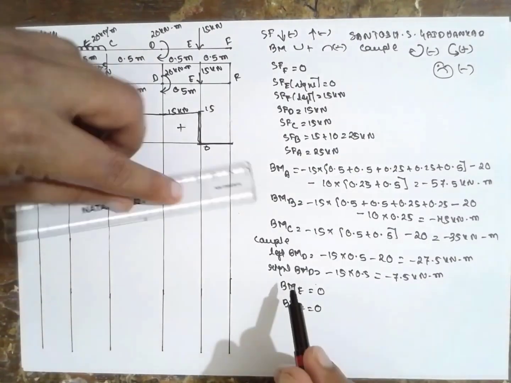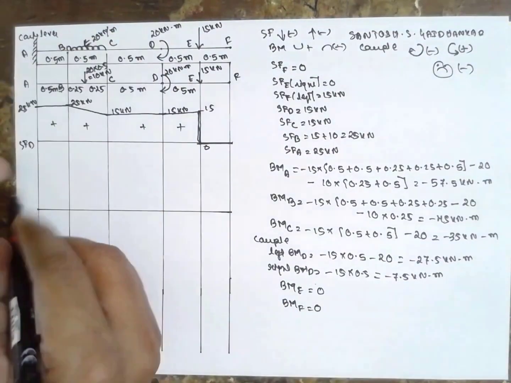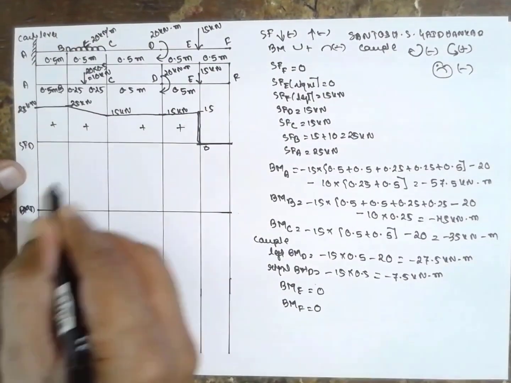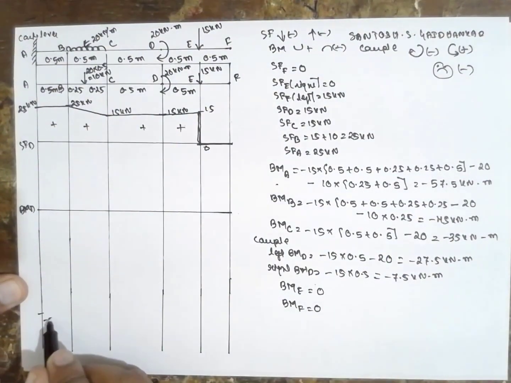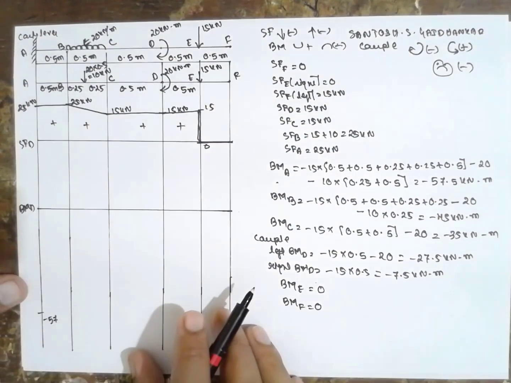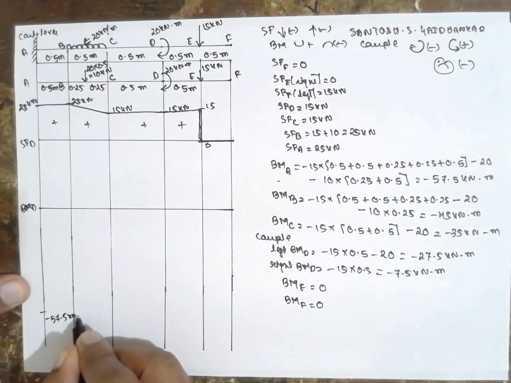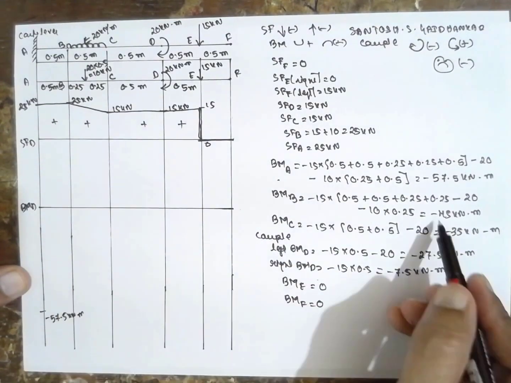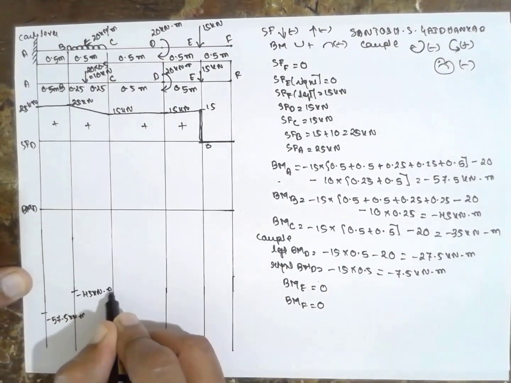Now I will draw the BMD, bending moment diagram. The upward is positive, bottom is negative. First at A is minus 57.5 kilonewton meter. B, minus 45 kilonewton meter.